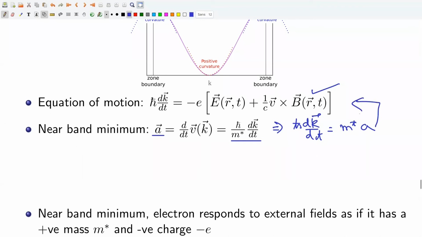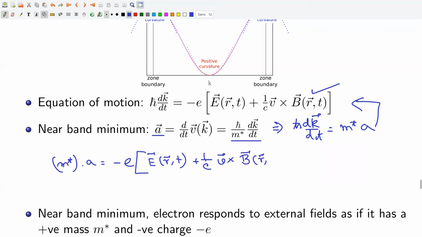Replacing this in the equation of motion, we get m star times a is equal to minus e times the electric field plus 1 by c v cross the magnetic field.